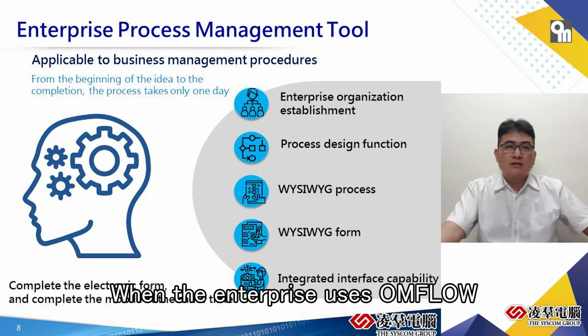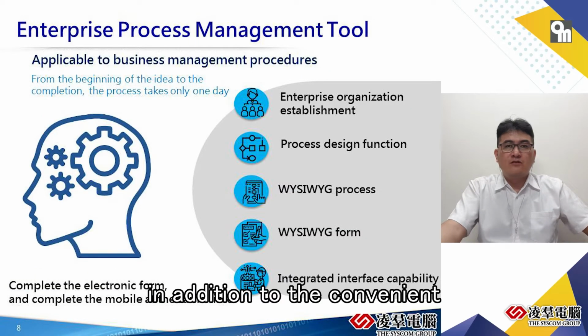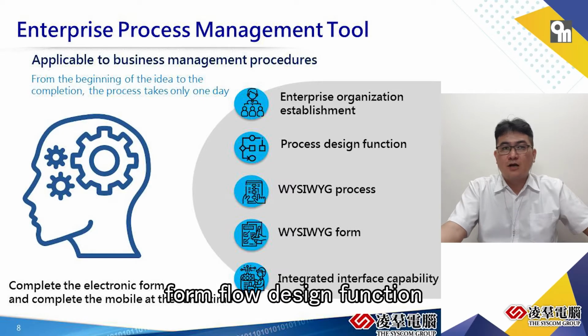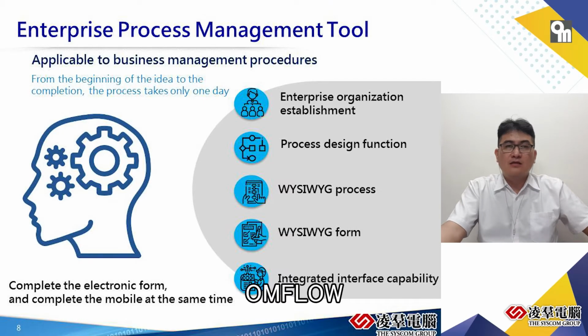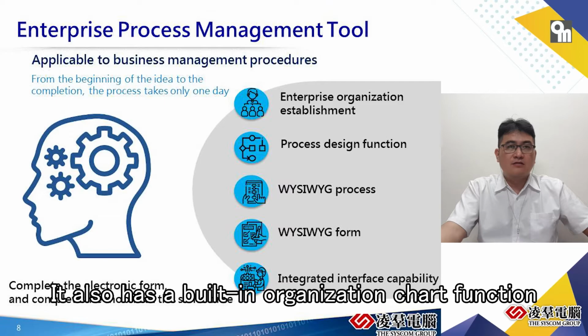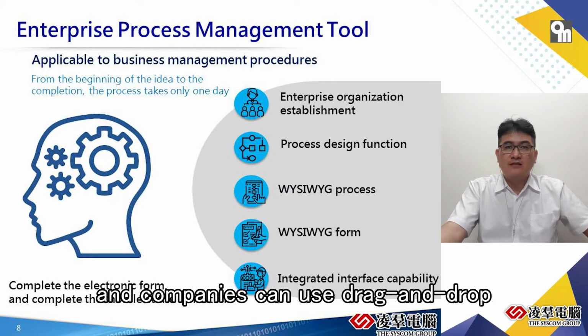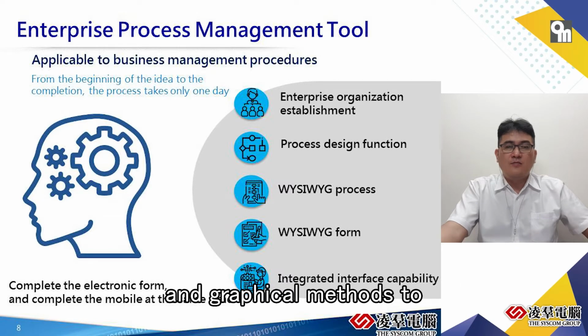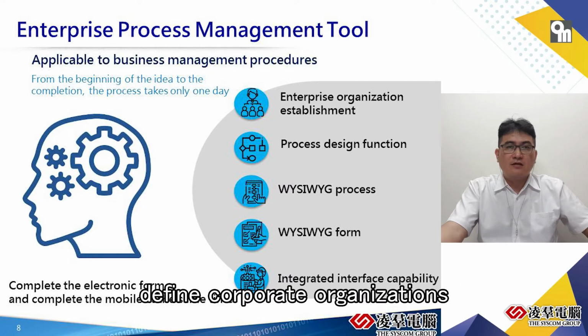When the enterprise uses OMFLOW, in addition to the convenient form flow design function, OMFLOW also has a built-in organization chart function, and companies can use drag and drop and graphical methods to define corporate organizations.